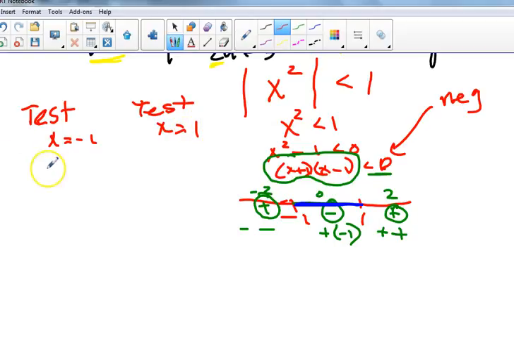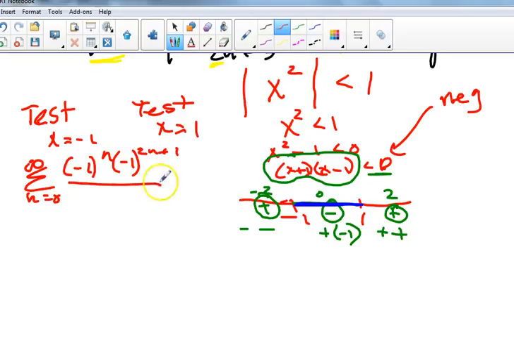So if x is equal to -1, I've got the sum from 0 to infinity. And I just use that series, the original series. So I've got -1 to the n. And then I'm putting in a -1. So I've got a -1 to the 2n plus 1 all over 2n plus 1.